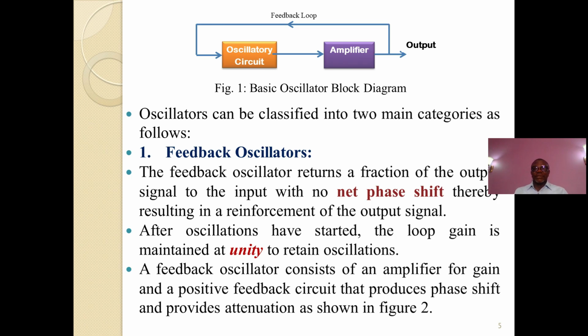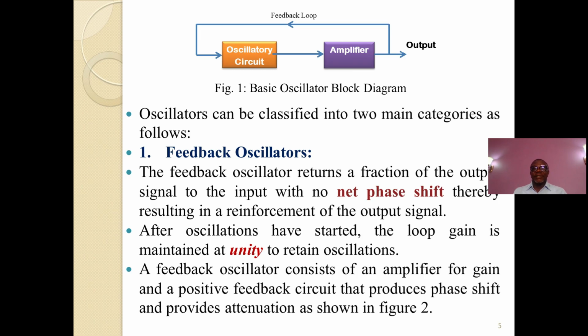These oscillators can be classified into two main categories as follows: the feedback oscillators. In the feedback oscillators, the oscillator returns a fraction of the output signal to the input with no net phase shift, thereby resulting in a reinforcement of the output signal.